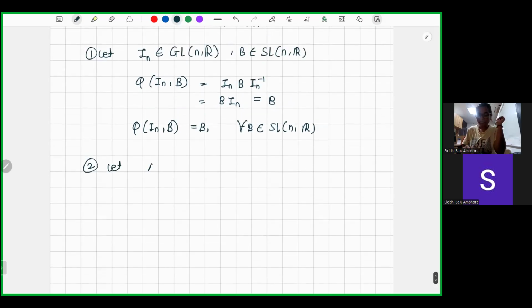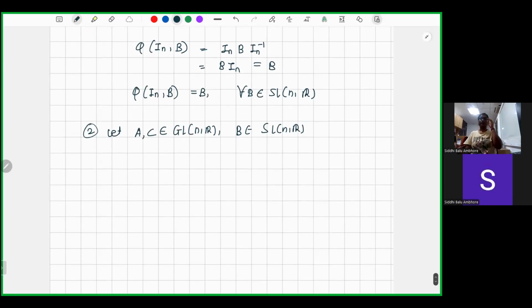So let A belong to GLNR and B belong to SLNR. I need two elements, right? So let us take A, C belonging to GLNR and B in SLNR.